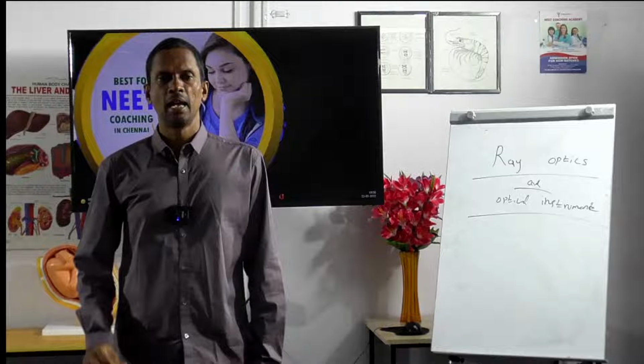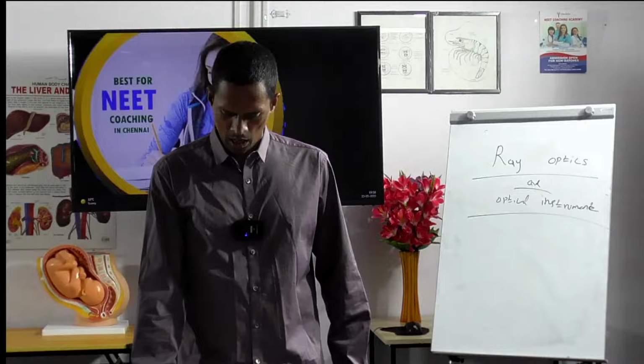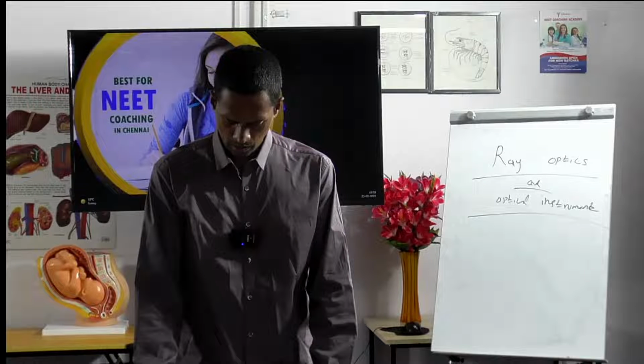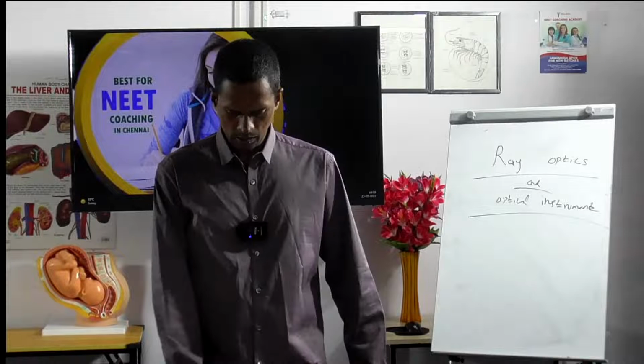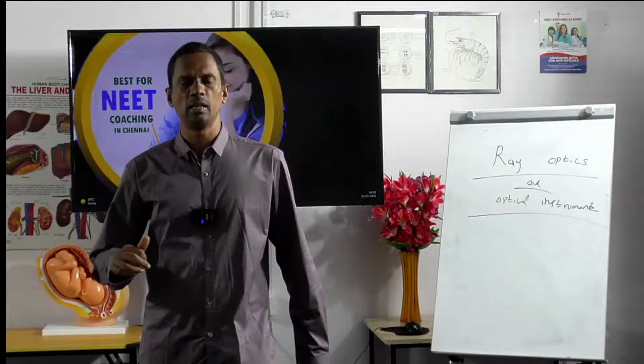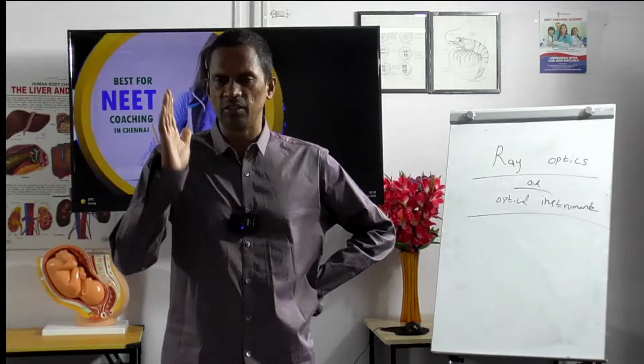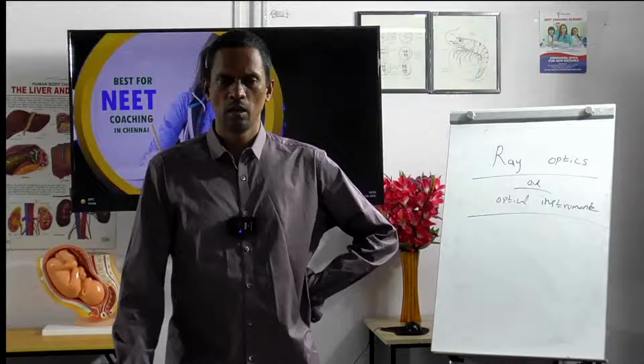If you see the spherical surface, half of the spherical surface is semi-spherical, like a curve. For refraction at a spherical surface, a ray is incident from a rarer medium of refractive index n1 to another medium of refractive index n2.